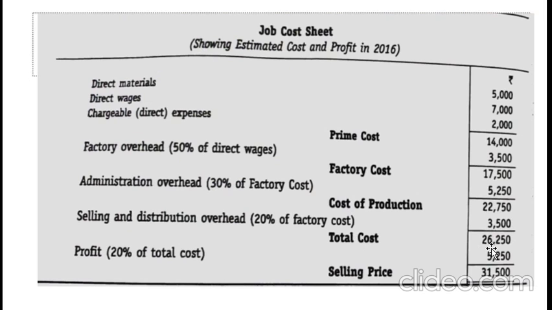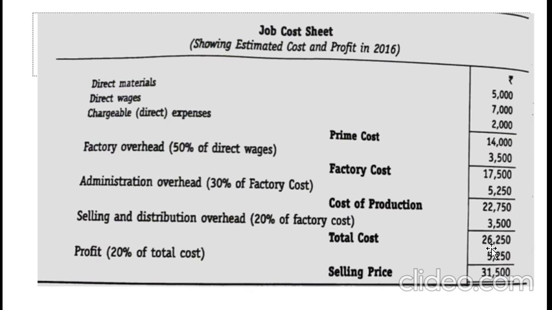From this total cost, you will be finding out your profit. So profit also, you know the formula to find on cost price. If the cost price is there, to find out the profit, the formula is profit divided by cost into 100. If you have selling price and you want to find out profit, the formula will be profit divided by selling price into 100.